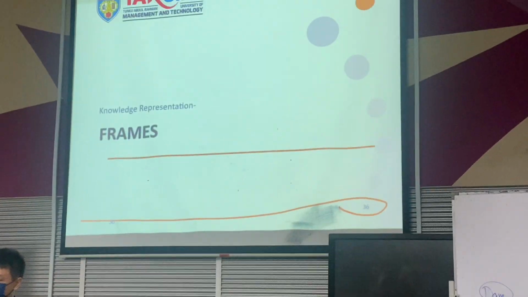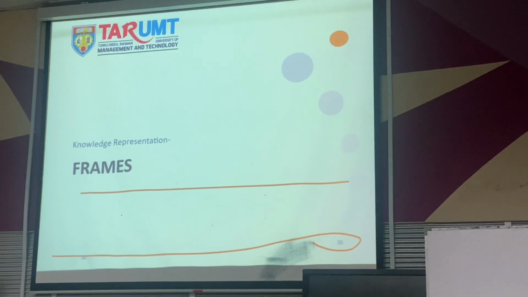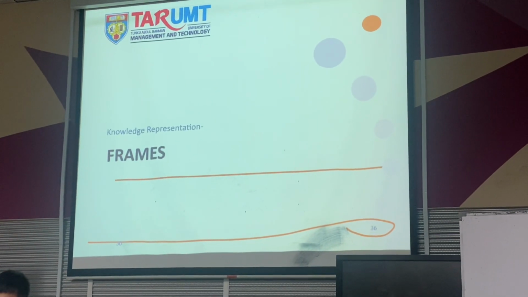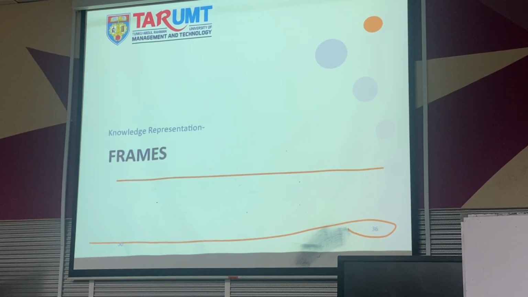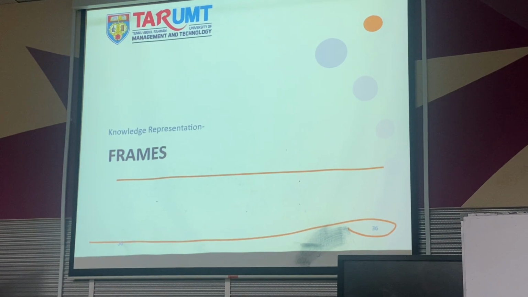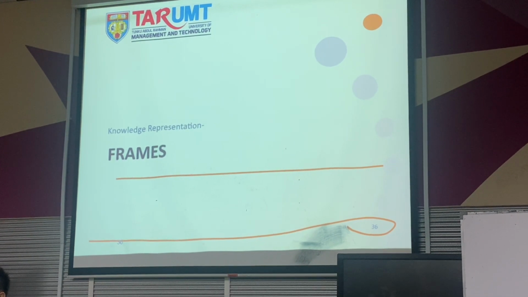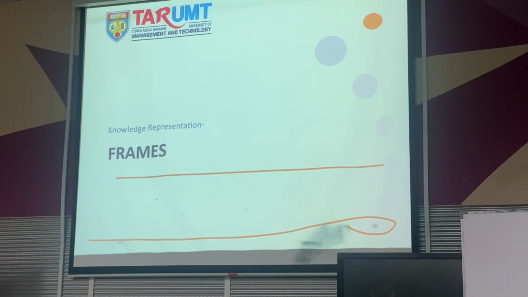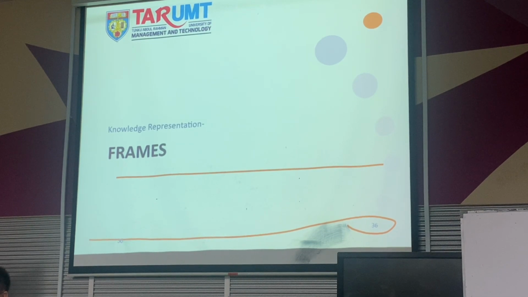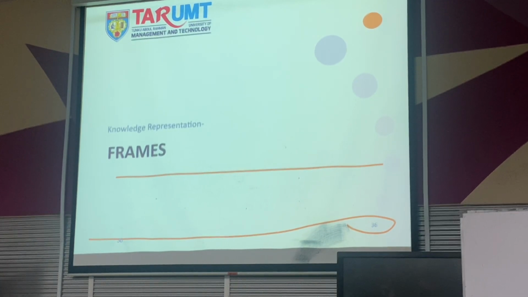Okay, very good. So the last one will be the frames. A frame is about the same as building a class diagram using Java. Have you learned about Java, the class? Object oriented. Then you build the class object. Yeah, it's about the same.